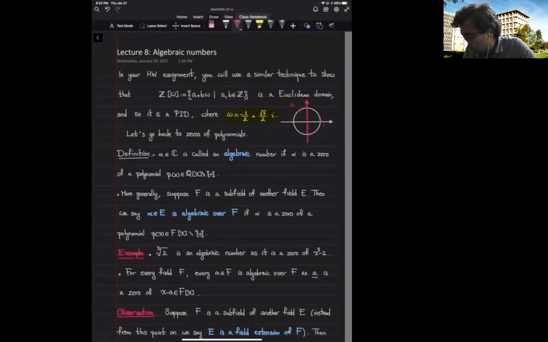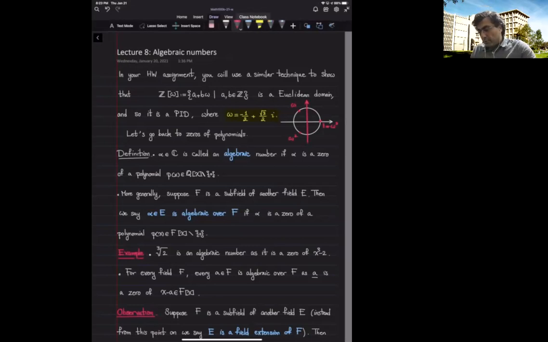This is the third root of unity. So if I square omega, I get omega squared, and then if I raise it to the power 3, I get precisely 1, and that's why I call it the third root of unity.